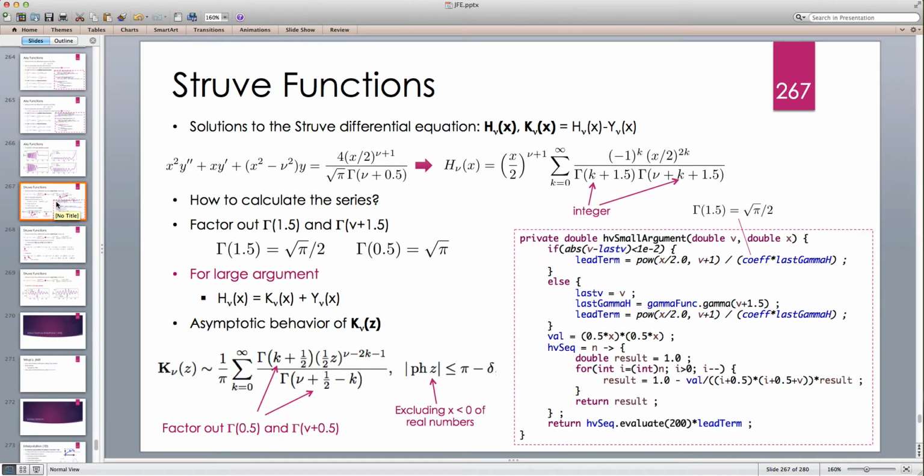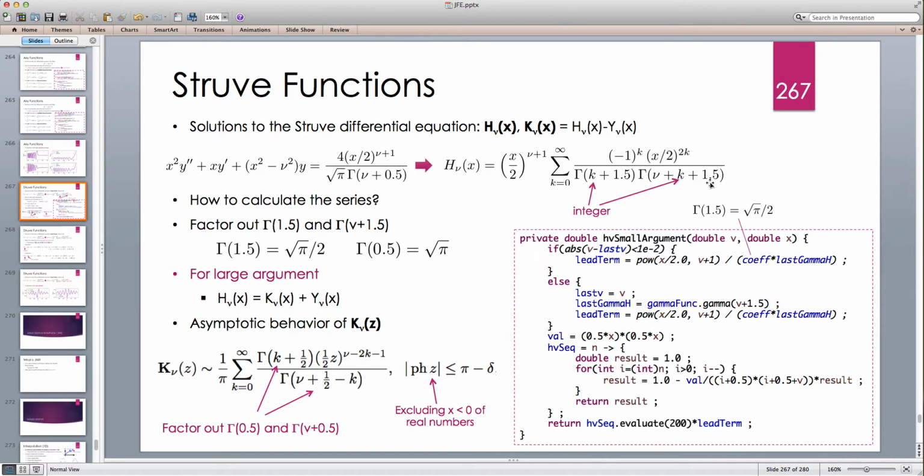They are very related, so the implementation is going to also be very similar, but there is a little bit of difference, and the difference here is that now we factor out two gamma terms. One is gamma of 1 plus 1.5, and then gamma of nu plus 1.5.